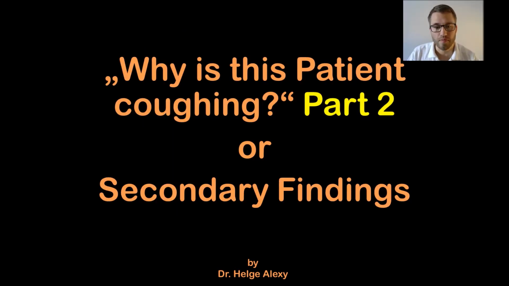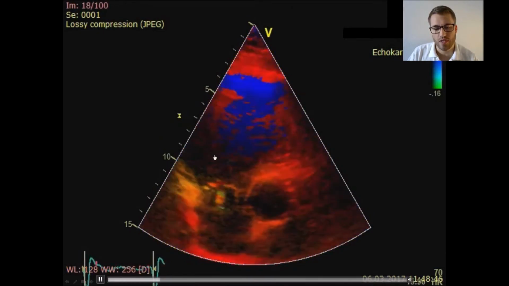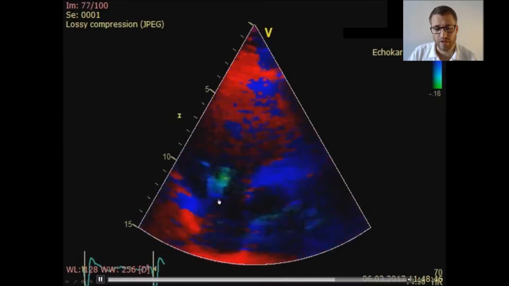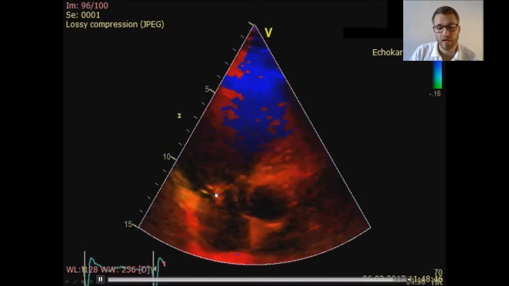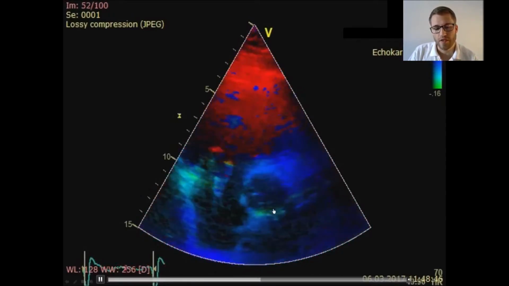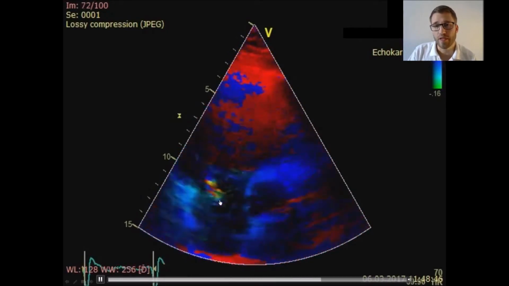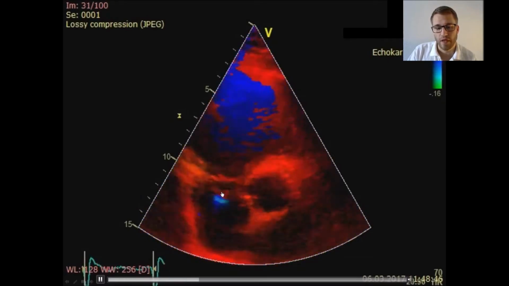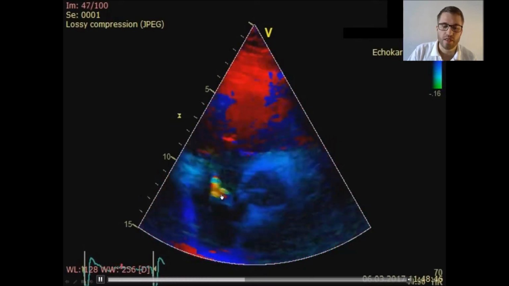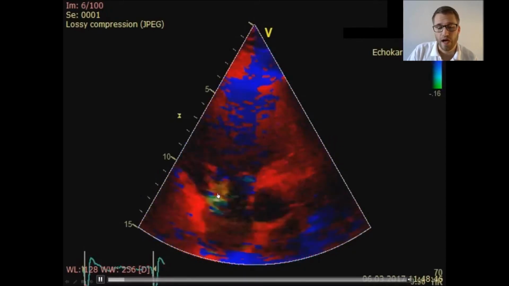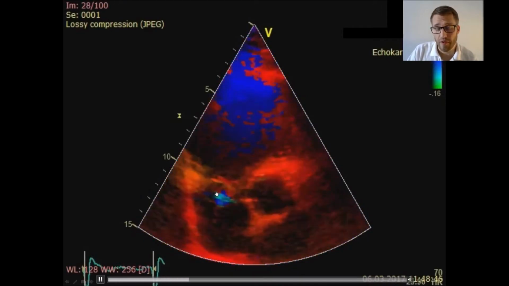Okay, let's go. Just to refresh your memory, the first part was about a structure on the ventricular lead of a 2-lead pacemaker system the patient had because of total AV block after a Ross operation. This structure seen here in the tissue Doppler imaging shows a bacterial vegetation on the ventricular lead, a lead infection, caused by Staphylococcus aureus after an elective replacement of the battery of the pacemaker.